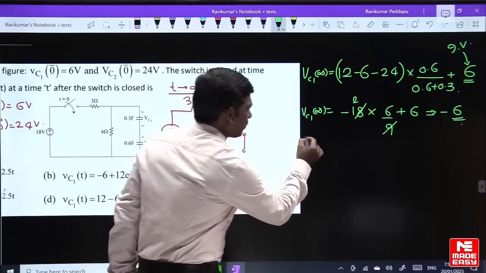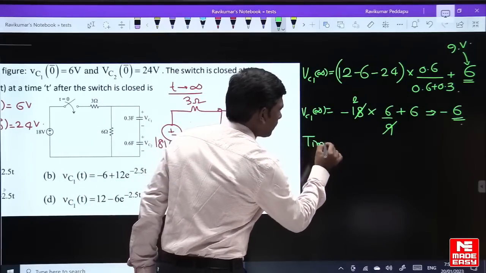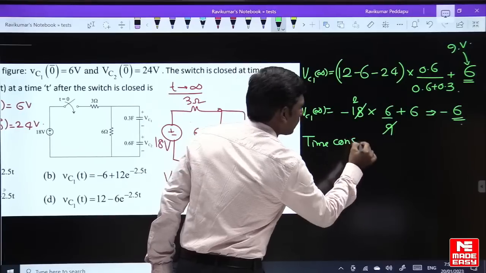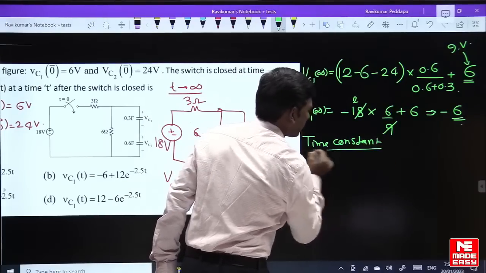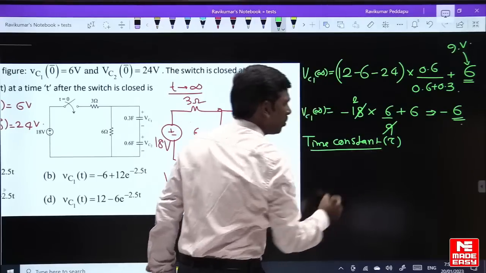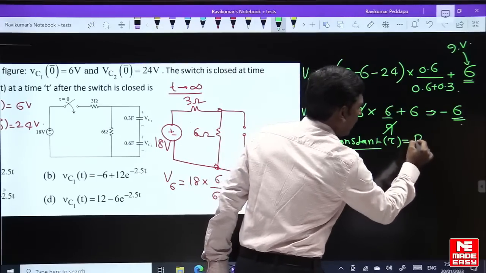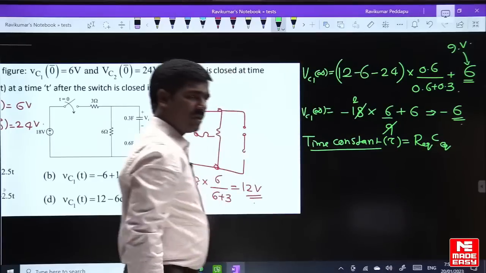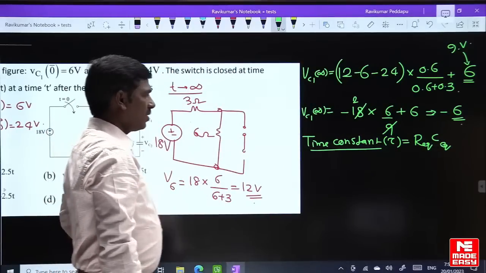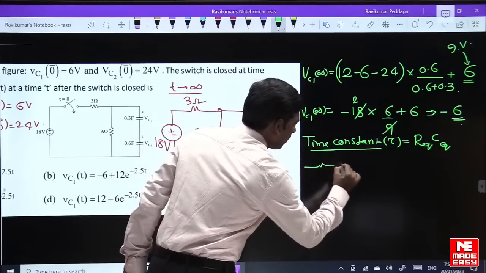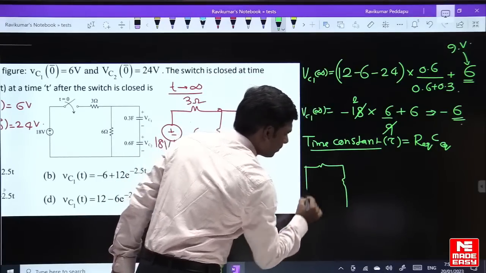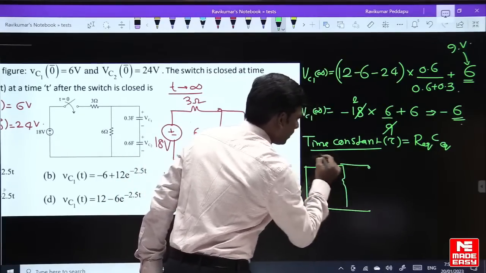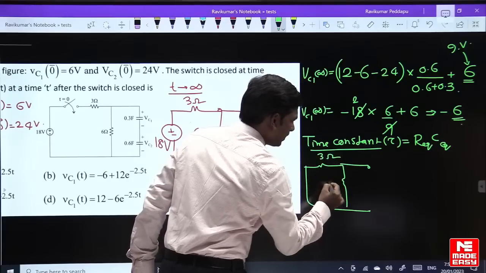So what is the time constant for this one? Time constant tau is equal to R equivalent into C equivalent. Looking from the capacitor, what is R equivalent, with the voltage source made inactive? Here 3 ohms and 6 ohms.